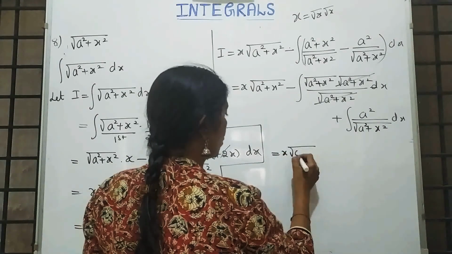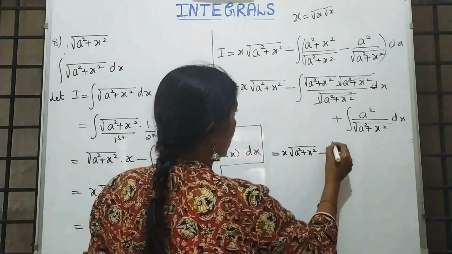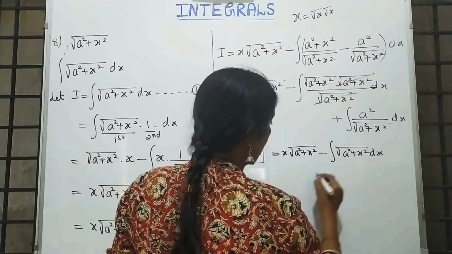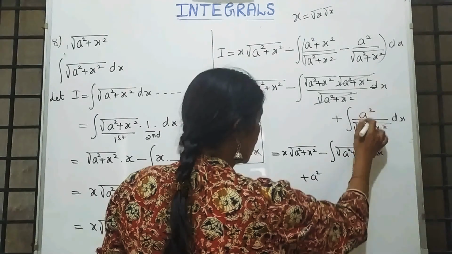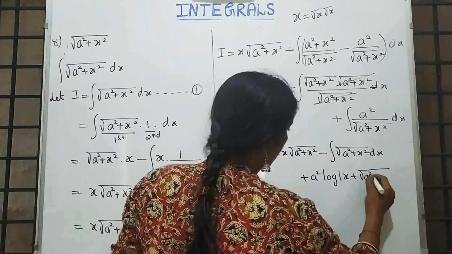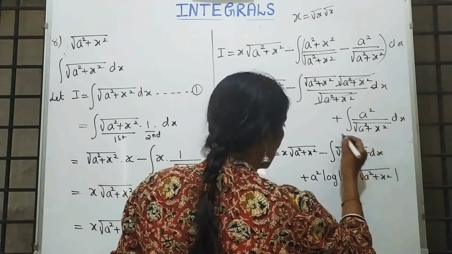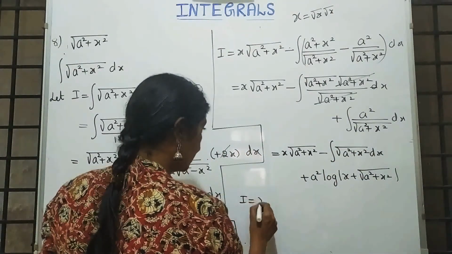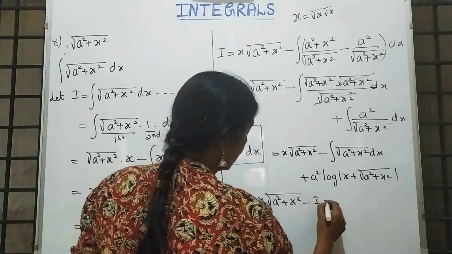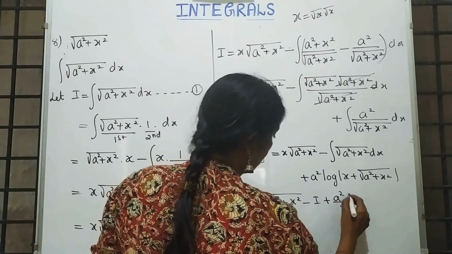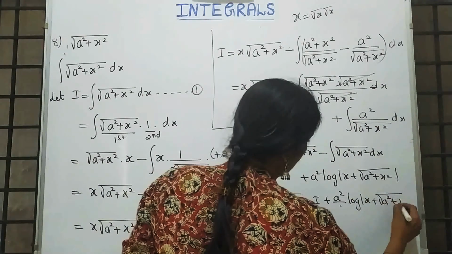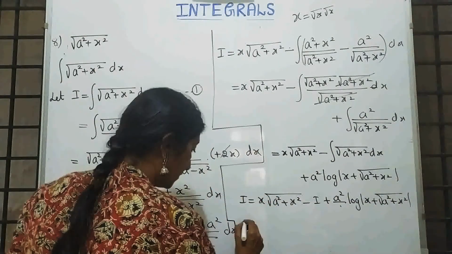x into root of a square plus x square minus root of a square plus x square into dx plus a square. This is log of x plus root of a square plus x square, and this whole integration is I. From 1.